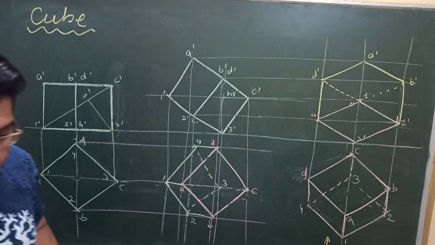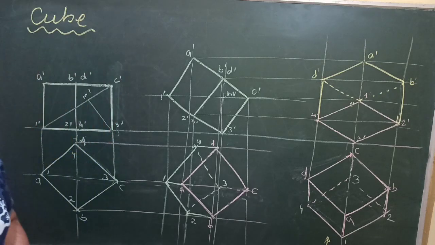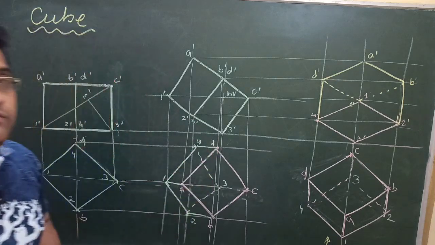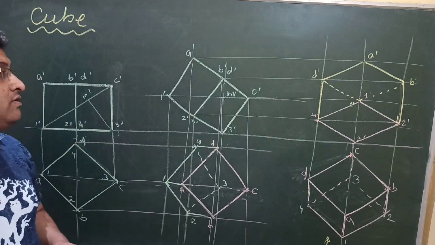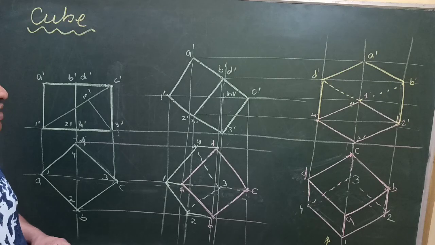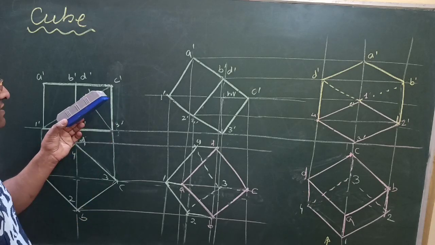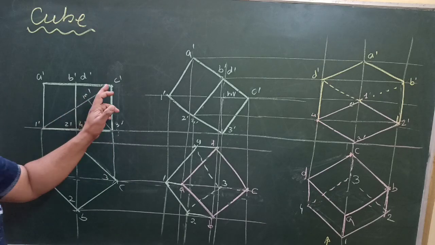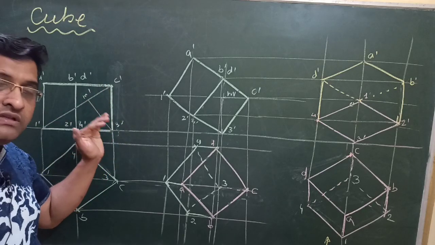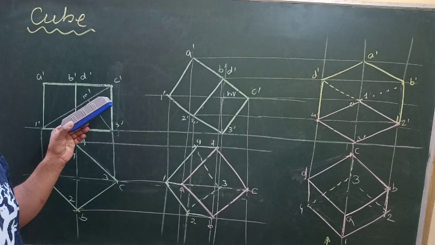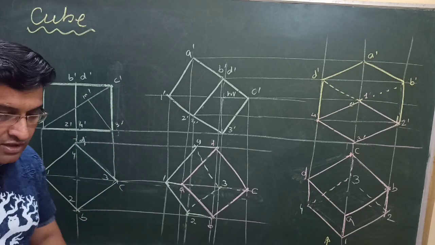So we have to make this solid diagonal perpendicular to VP. At the same time the solid is resting with one of its corners on the HP. So how can we go about this problem? We have, for example, 1 to C as the solid diagonal. Right now it is in this position. This is the simple position of the cube.